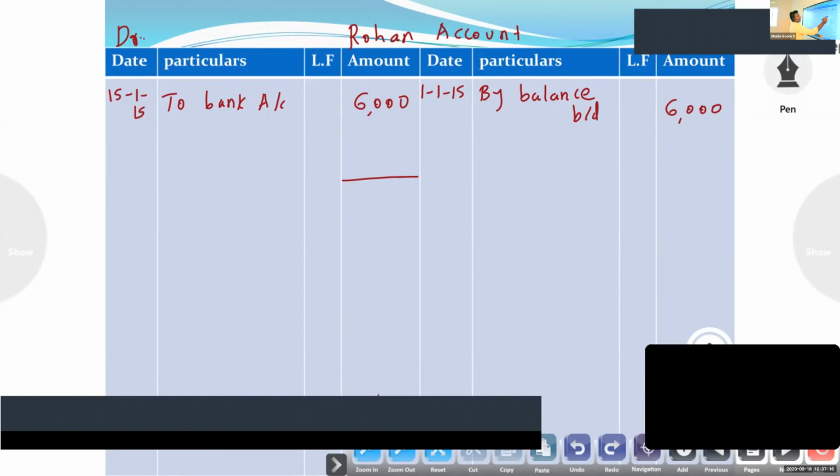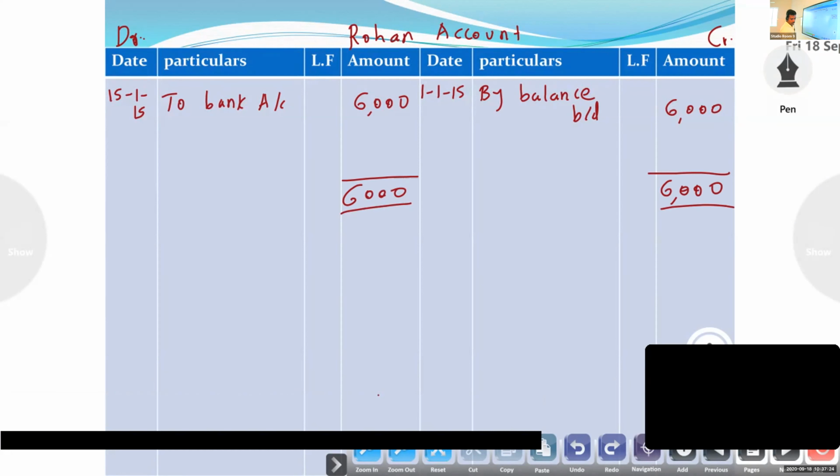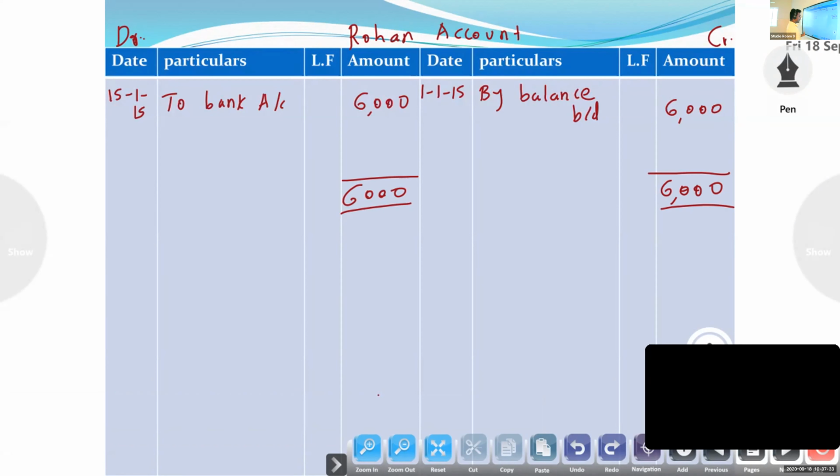So both sides equal, 6,000, 6,000. So Rohan account is over. It is a liability, so opening balance on the credit side. Then one transaction is there that we wrote. Then two sides equal, so no balance.